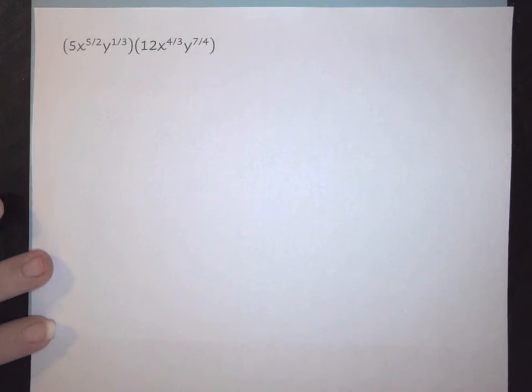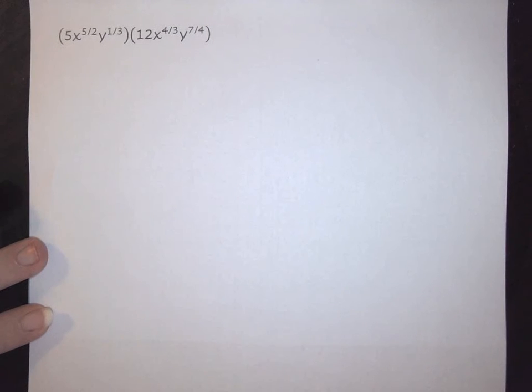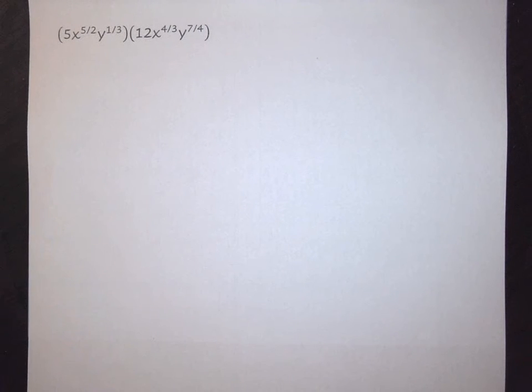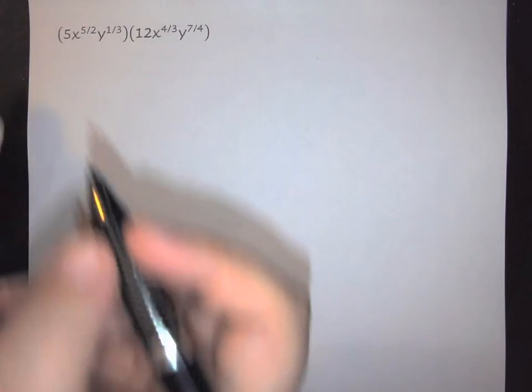Alright, let's look at one more here. It should be enough to kind of get you started. So I have these two which are being combined. So the first thing I want to do is combine them.